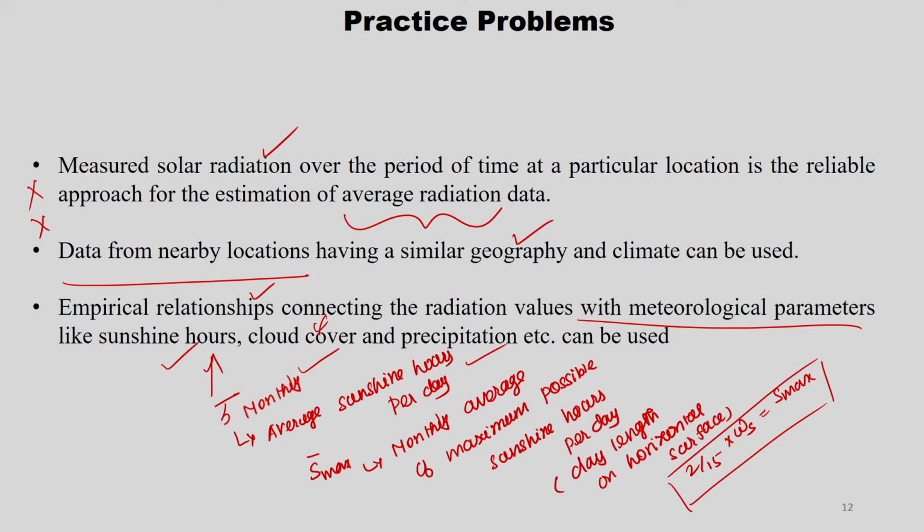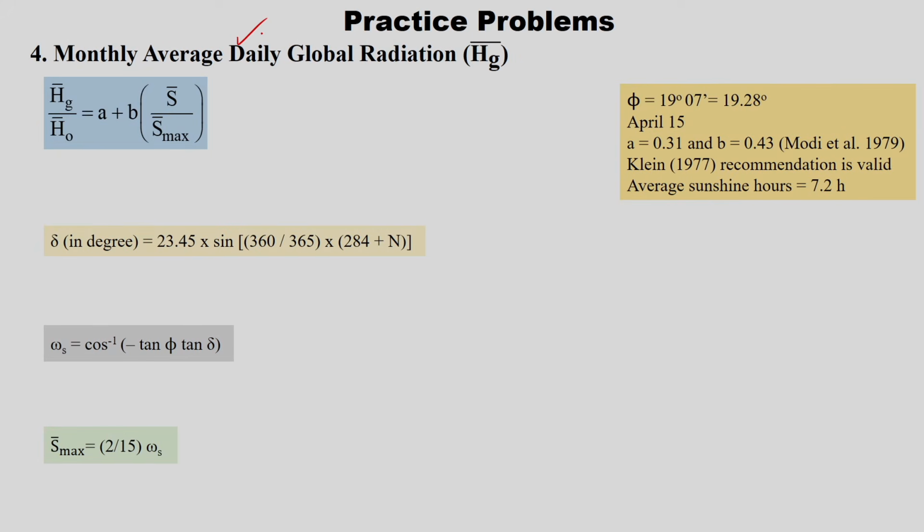Because of that, most empirical correlations are based on sunshine hours. The first thing we calculate is the monthly average of daily global radiation, Hg bar, where bar means monthly average.